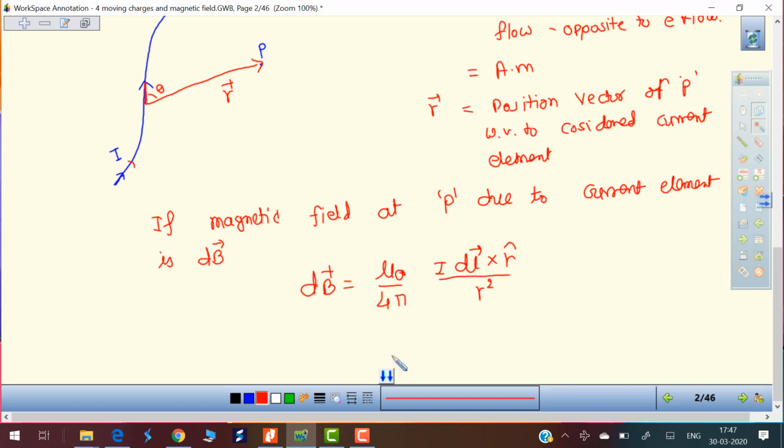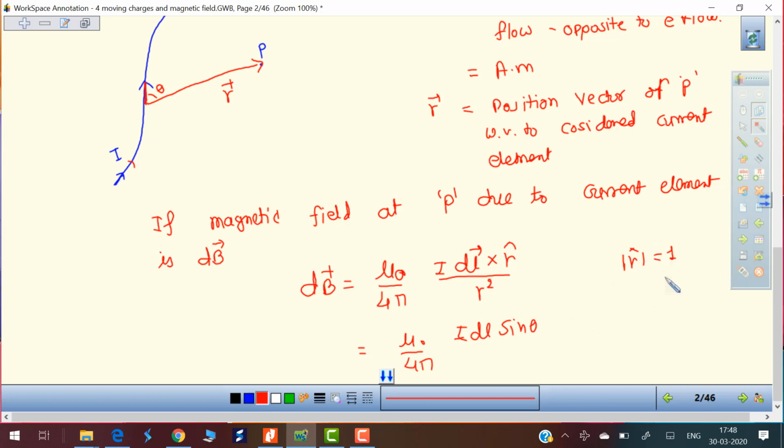As we know, it is a product of two vectors. So you can write it like this also, mu 0 upon 4 pi, I dl, r unit vector, because the magnitude of r is 1, so a b sine theta. I take sine theta because the magnitude of a unit vector is 1.